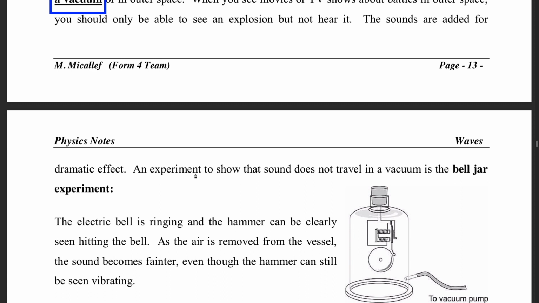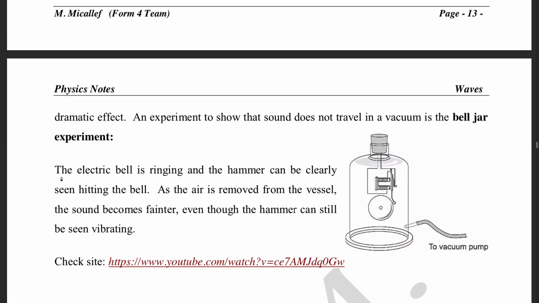An experiment to show that sound does not travel in a vacuum is the bell jar experiment. The electric bell is ringing, and the hammer can be clearly seen hitting the bell. As the air is removed from the vessel, the sound becomes fainter, even though the hammer can still be seen vibrating.